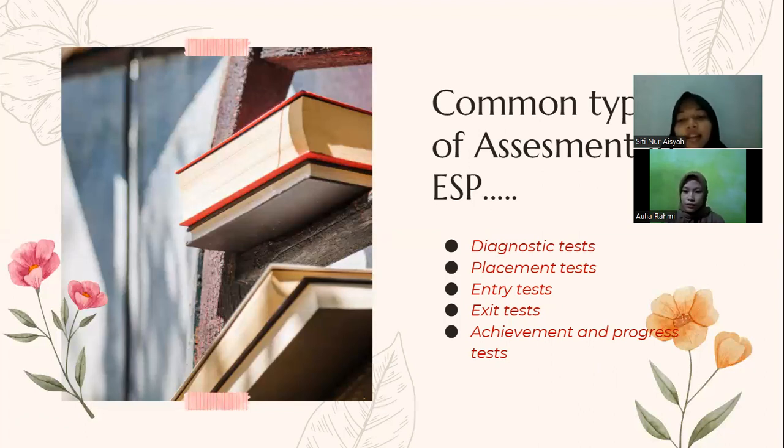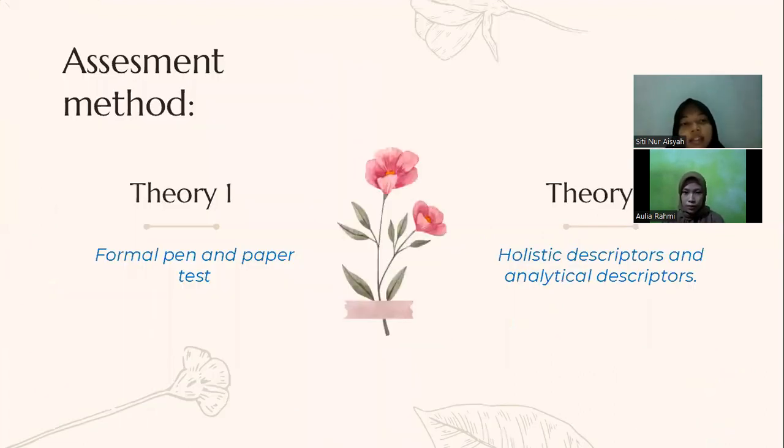And then the last is achievement and progress test. This assessment test is directly related to the ESP course used, like measuring progress. This test measures how much the student has learned during the ESP course. And then next is the assessment method.